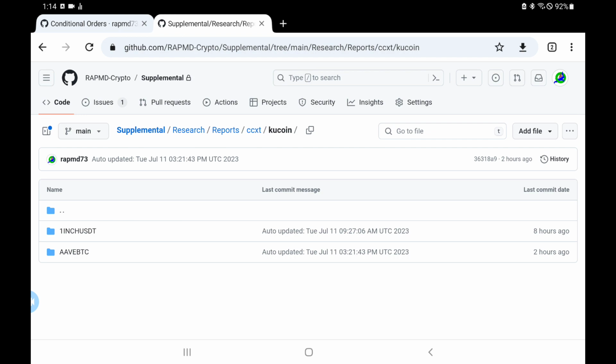Right now, I am in the Supplemental Repository for the KuCoin Exchange, and I'm going to pull up one particular area.